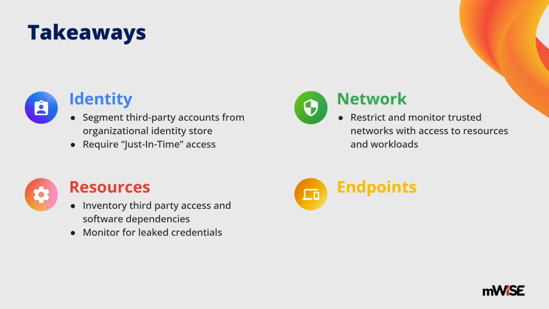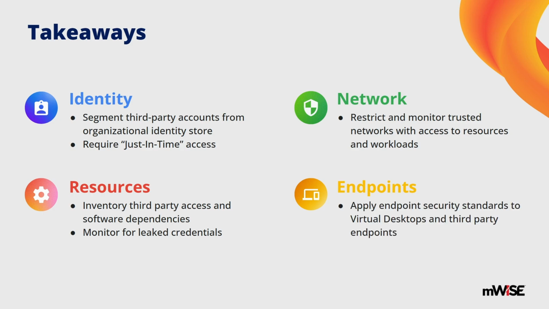On the network side, this comes up as a common challenge for organizations that want to limit access to trusted locations only, but still have third parties that need to access their network. So enforce that third-party access comes from specific networks only, and then put monitoring in place to identify any risky users, risky sign-ons, things like that.